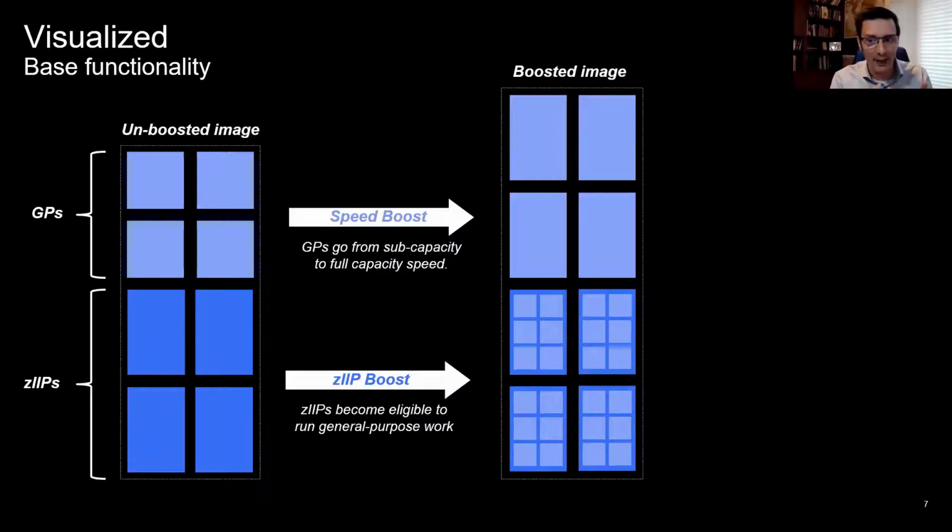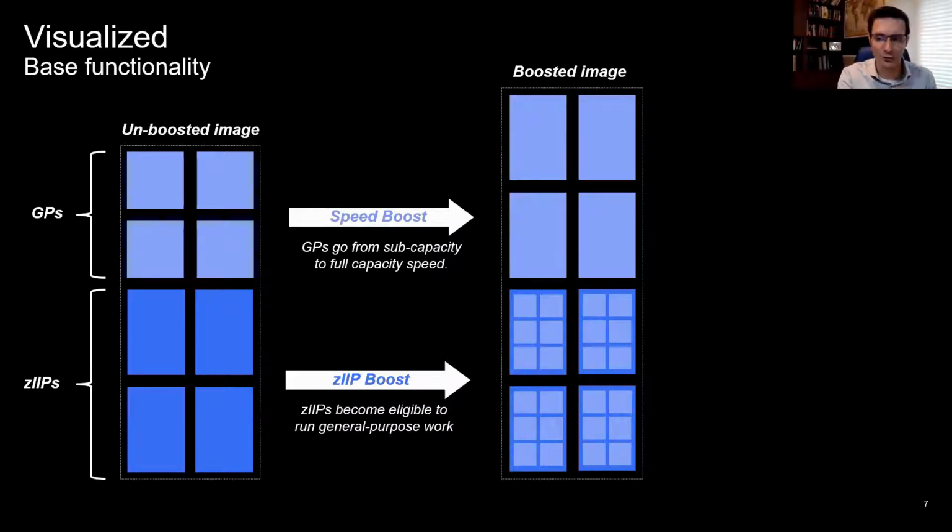And what's great about it is that not only do I have additional zips, but I can dispatch general purpose work on those additional zip engines. And so I'm having a blurring. So from the perspective of dispatching general purpose work, it can run either on a GP or on a zip during that boost period.